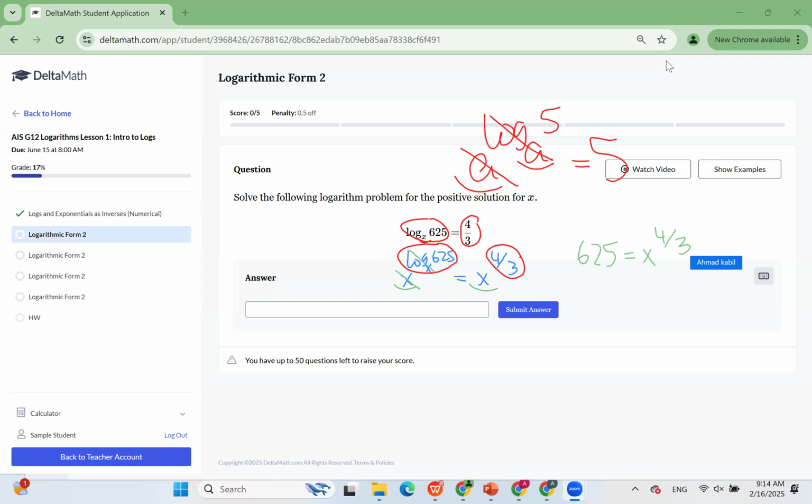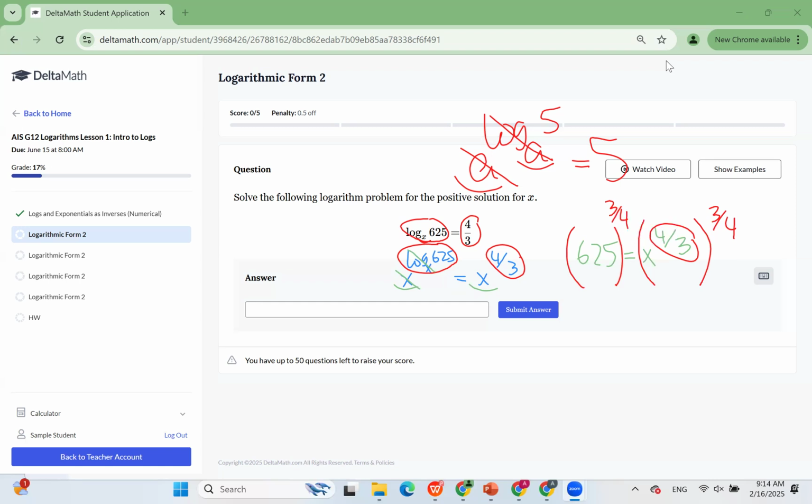Now, how do we find x? We take this power here, we want to get rid of it. We're going to raise it to the reciprocal power. What does that mean? The inverse of 4 over 3 is 3 over 4. And we're going to do the same change on the left-hand side.